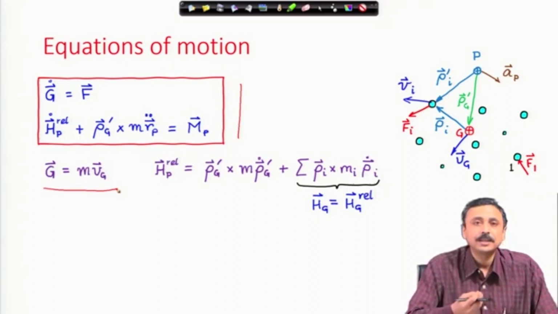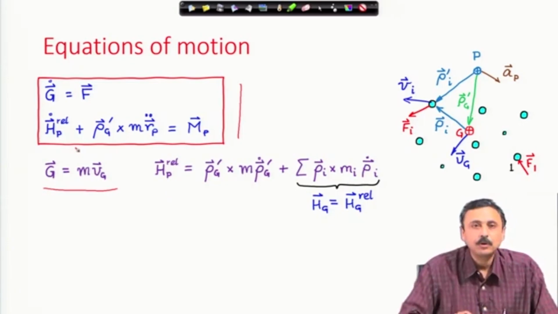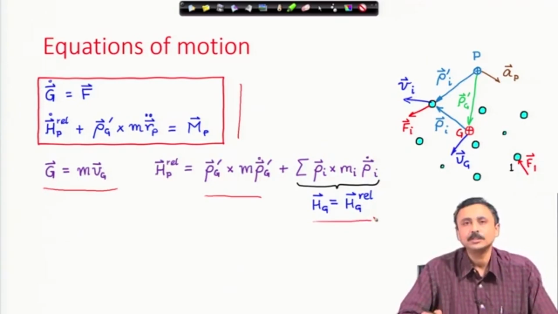So, this is something like a hypothetical point particle with the whole mass of the system concentrated at the center of mass, and the relative angular momentum equation about p, where we have defined H p rel in terms of this decomposition.